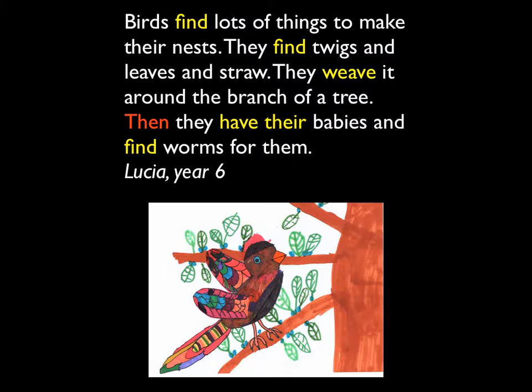Find the twigs, weave, have the babies, find the worms. The placement of these processes has established the temporal sequence. Find, then weave, then have, then find. And this temporal sequence is reinforced by the temporal connective then. That's very, very typical.